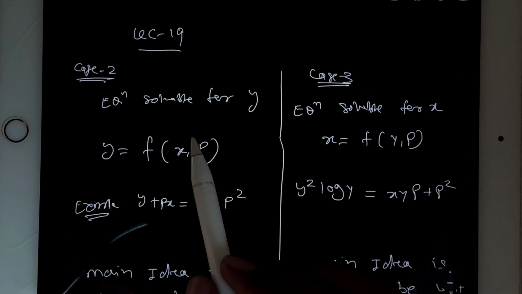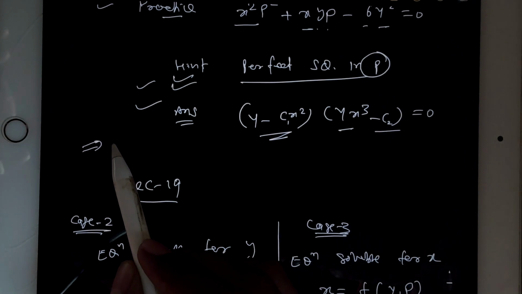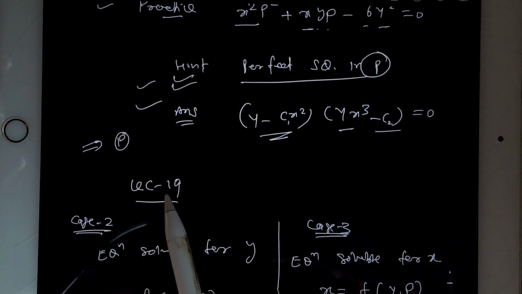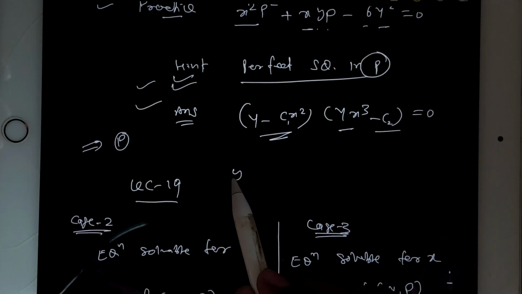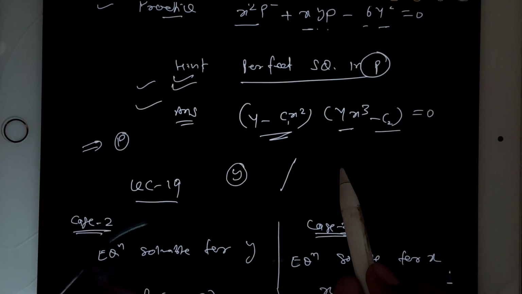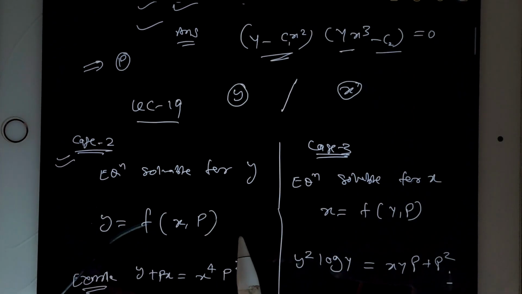In lecture 19, like in lecture 18, you saw that your equation was easily solvable for p. But in lecture 19, you will see that your equation will be solvable for y, or it will be solvable for x. Two different formats I will show. So case 2, I am taking solvable for y.